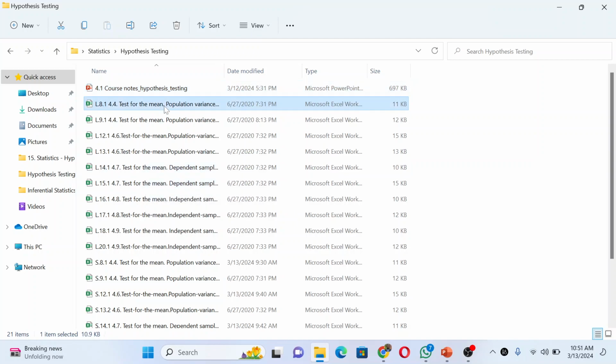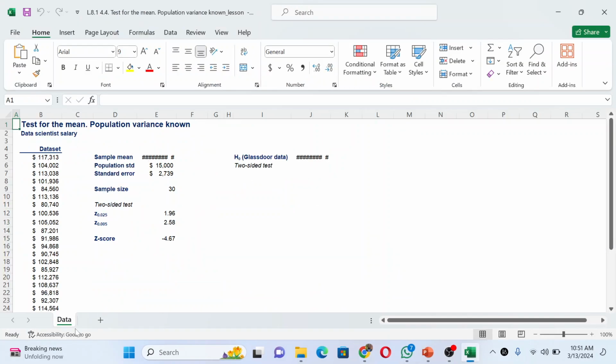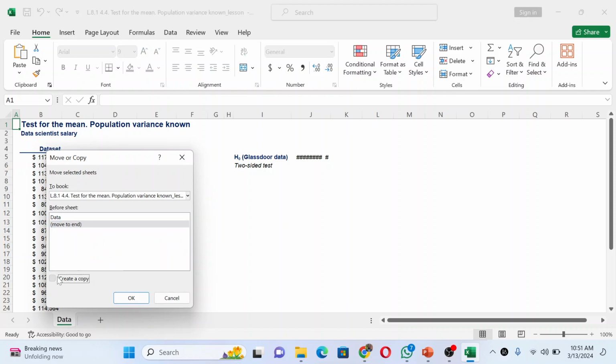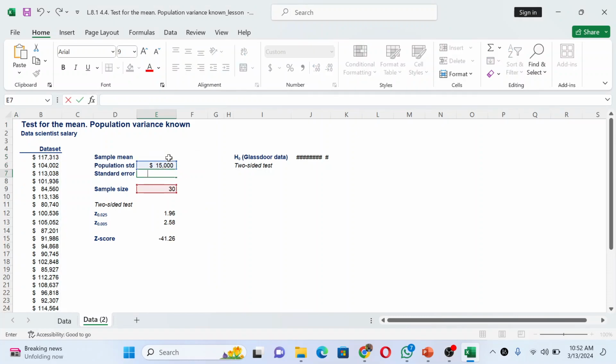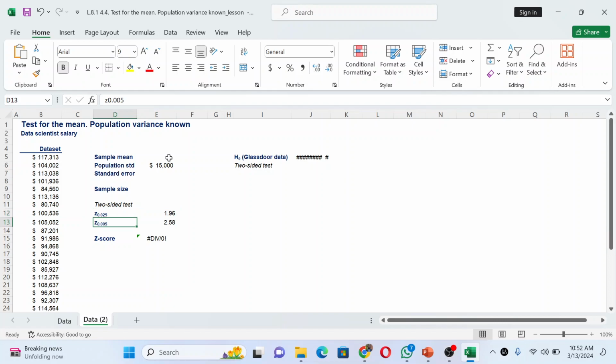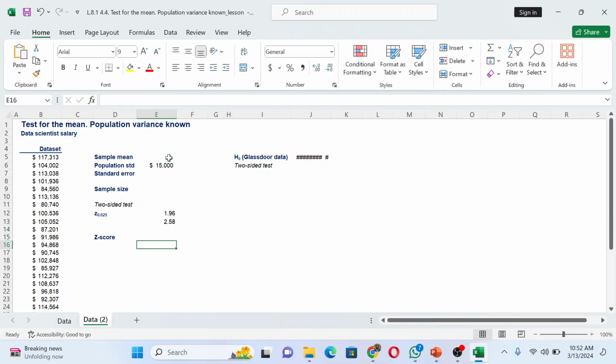S.8.14.14. Okay, I don't know if you have this one. You are supposed to have this one. I don't know if it is there.